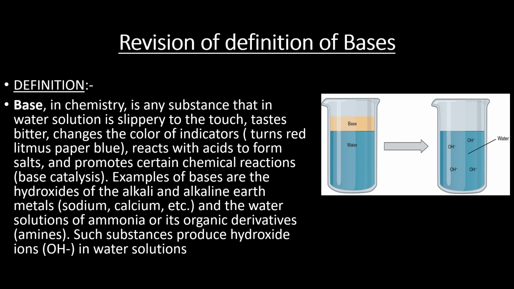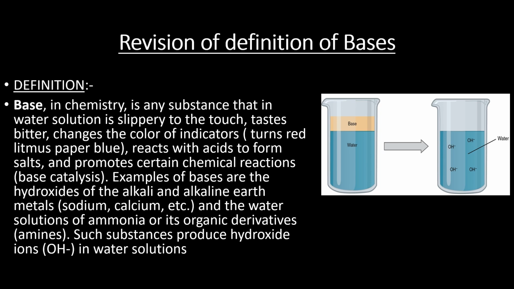Now for revision purpose, I am giving you the definition of bases again. You can see it on screen. Base in chemistry is any substance that is soluble when mixed in water, and is slippery to touch, tastes bitter, changes the color of indicators as you have seen from that experiment, reacts with acid to form salts and promotes certain chemical reactions.